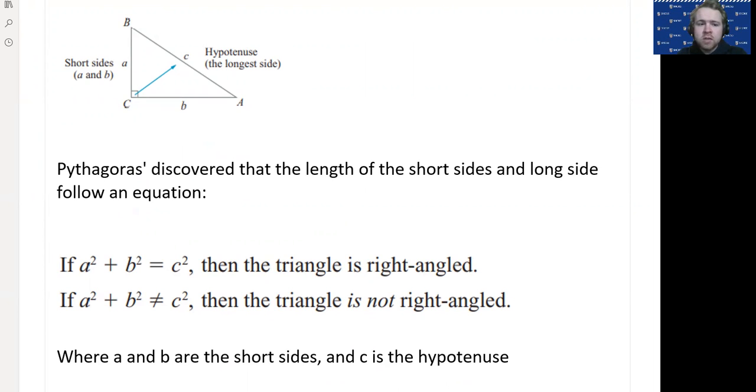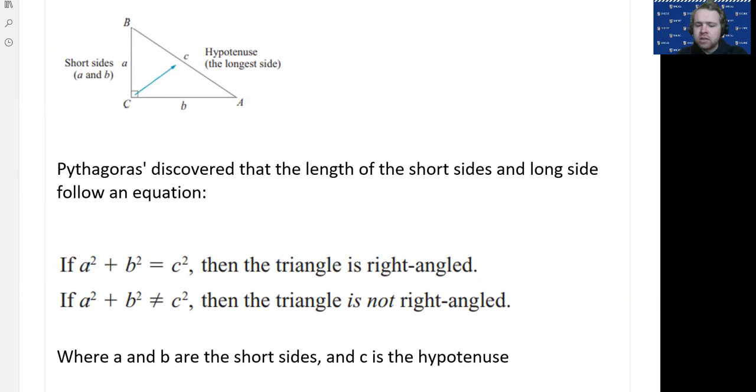That will always work if there is a right angle in the triangle. If the short sides squared and added together do not equal the square of the long side, then it is not a right-angled triangle. It's still a triangle, it just doesn't have a right angle in it.